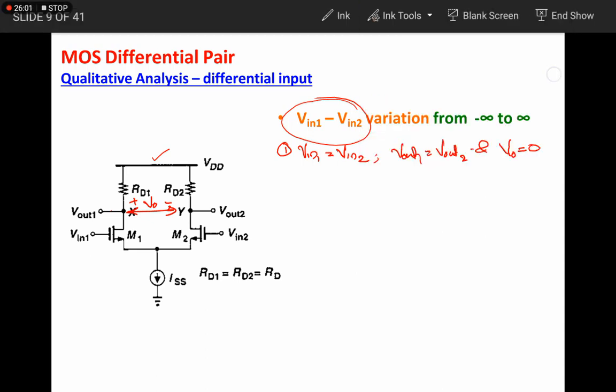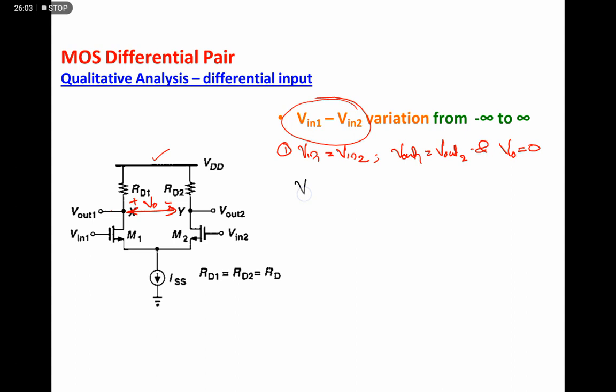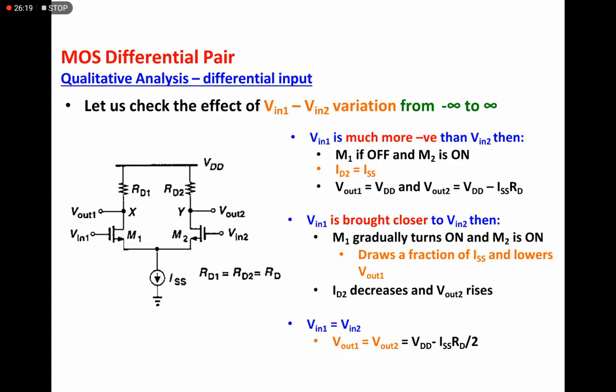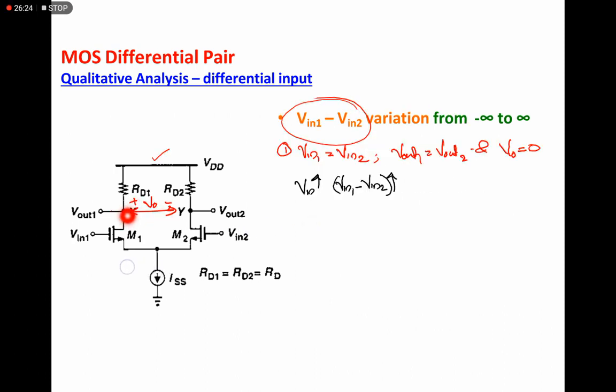Then what happens when Vin increases, or Vin1 minus Vin2 increases? M1 will conduct more, and M2 conductivity decreases. Due to that Vout1 decreases, because when more current flows, the voltage at this point decreases, and Vout2 increases because here the current is low.